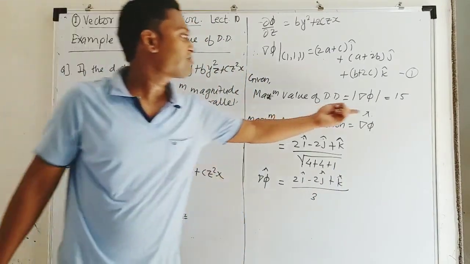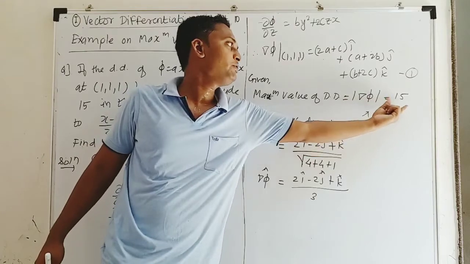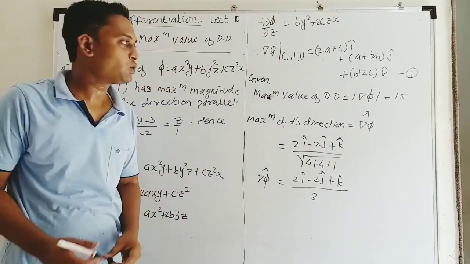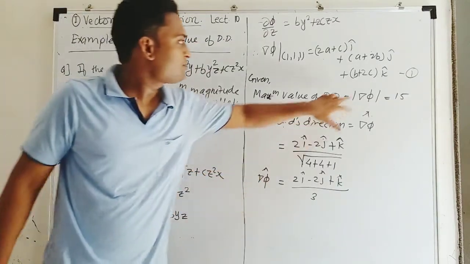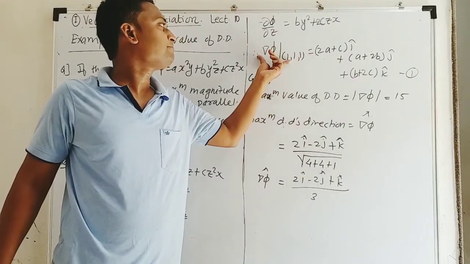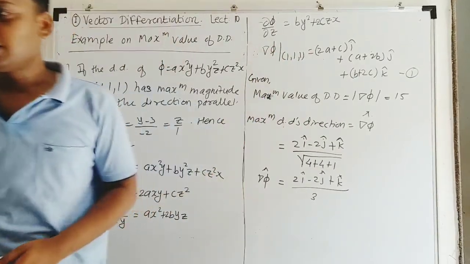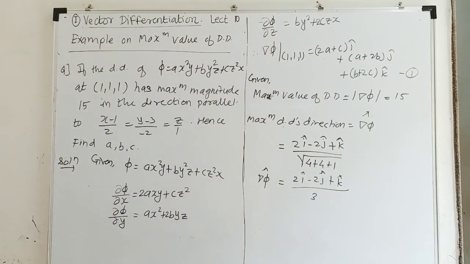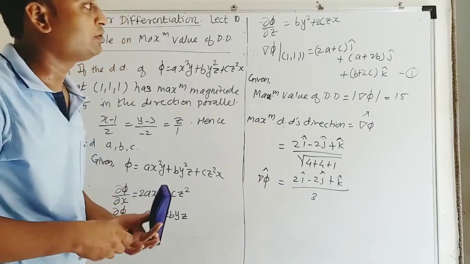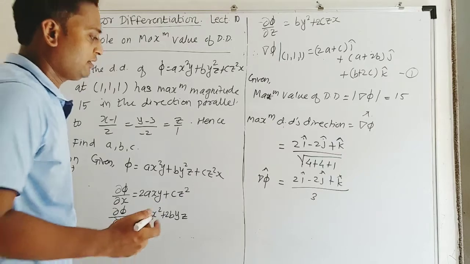Now we have the maximum value of directional derivative, which is 15, and the direction also. Now these two values, we also have calculated del phi. Now using the relation between these three, del phi, magnitude of del phi, and del phi cap, we are going to determine the values of A, B, C. Let us see how.